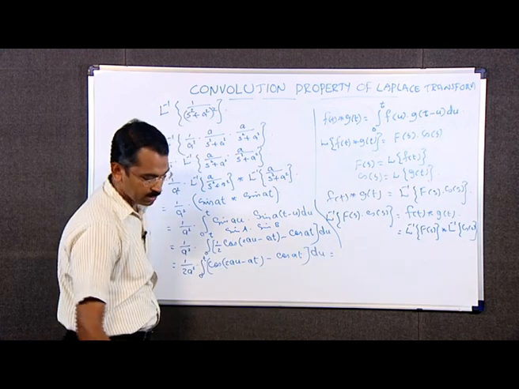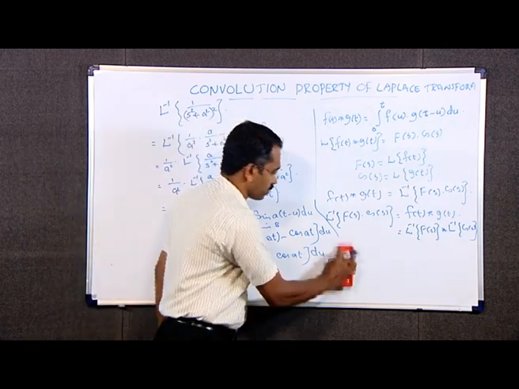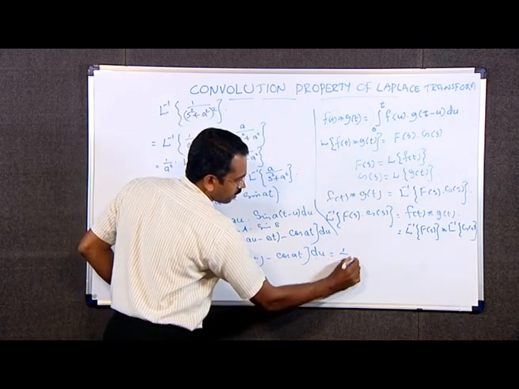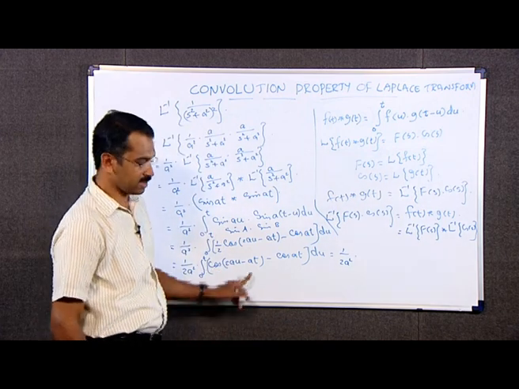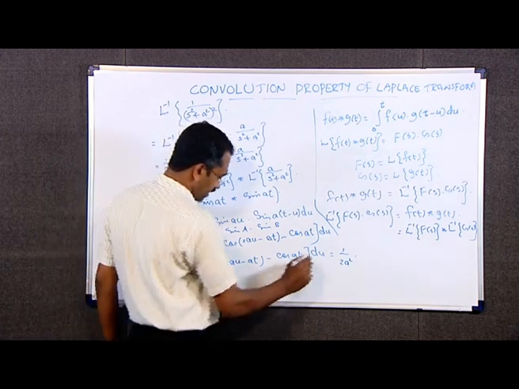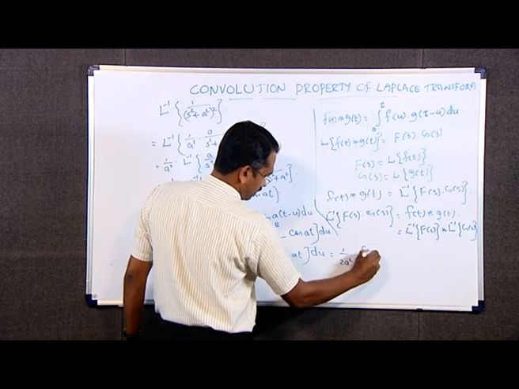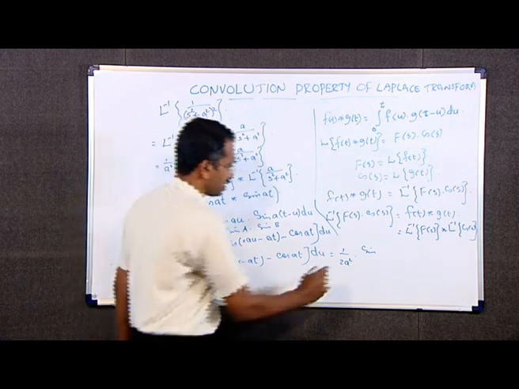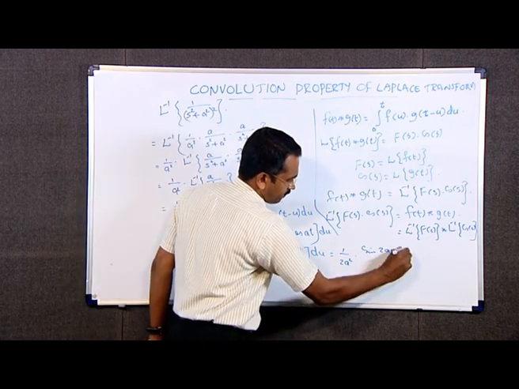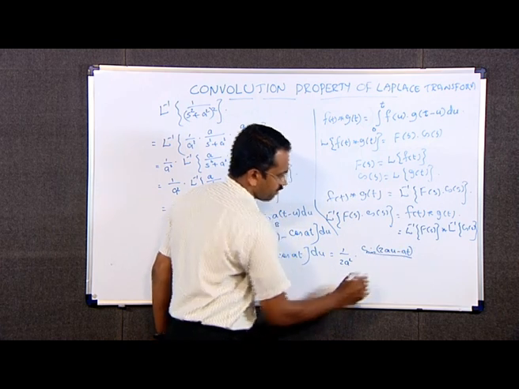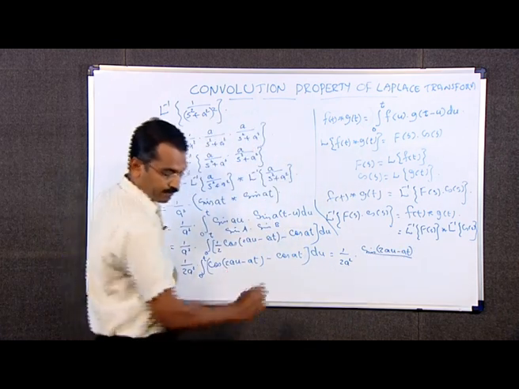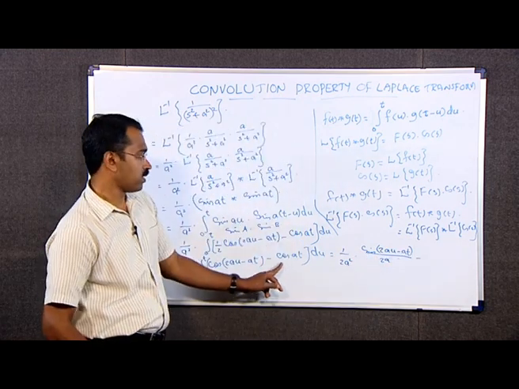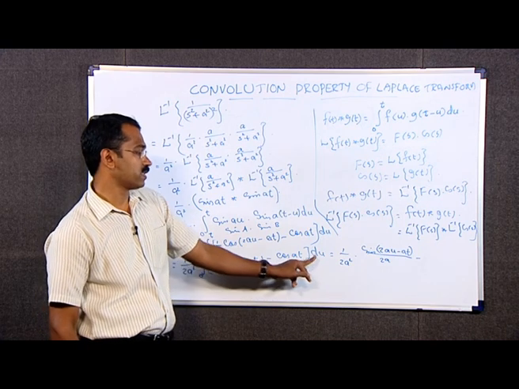which is equal to, here the integration is with respect to u. Therefore, this is equal to 1 by 2 a square into integral cos 2 au minus a t is sin 2 au minus a t divided by the coefficient of u, which is 2a, minus, here cos a t is a constant, integration is with respect to u.